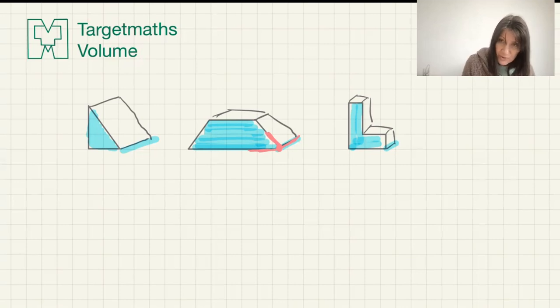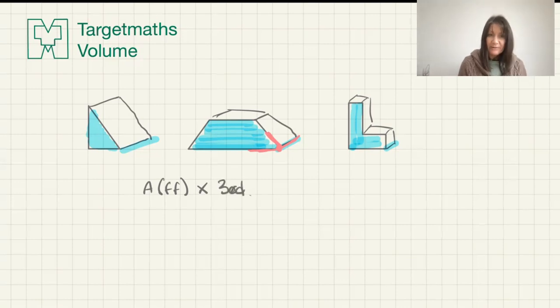So we do give it a formula. I call it area of front face times by third length. The front face changes.